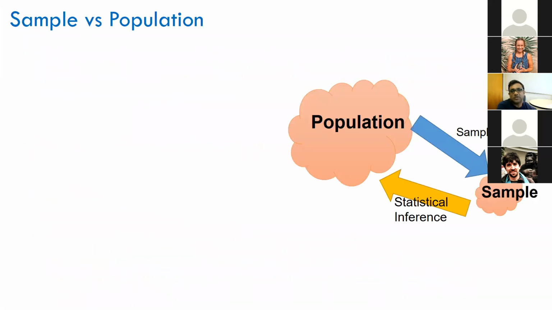Another important two terms that you need to understand in statistics are population and sample. So what's a population? What's a sample? So the population includes all the individuals or objects you are interested in, right? And then the sample is a part of that. So in your experiment, you study the sample.